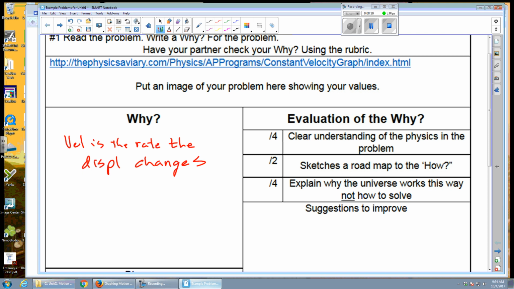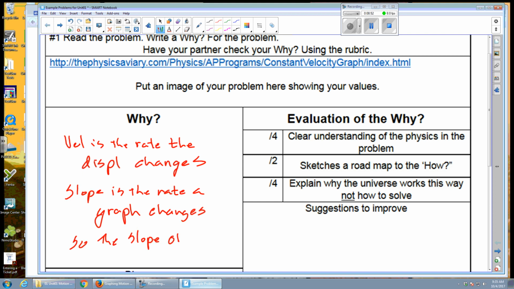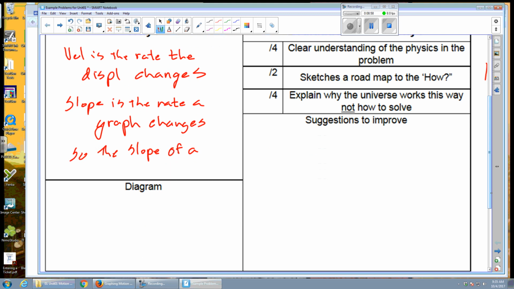And then slope is the rate a graph changes, so the slope of a displacement, which is also position graph, is the velocity.